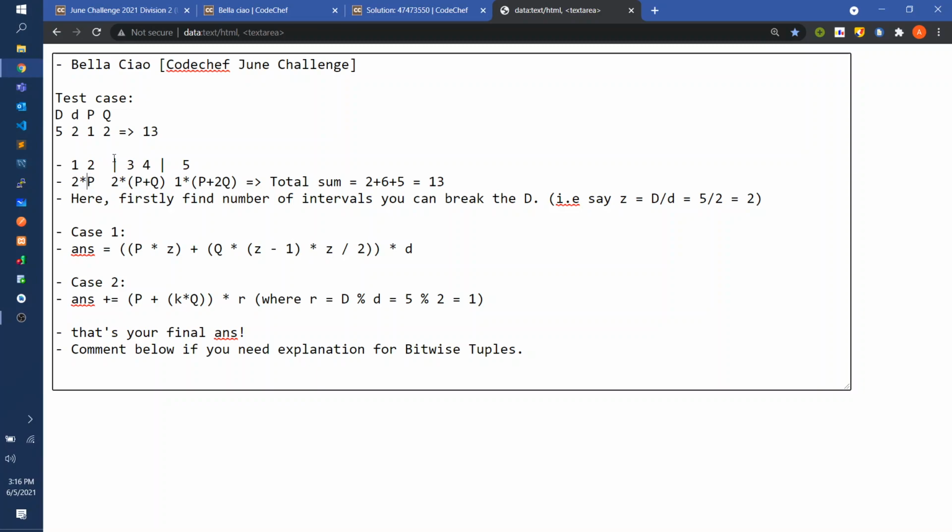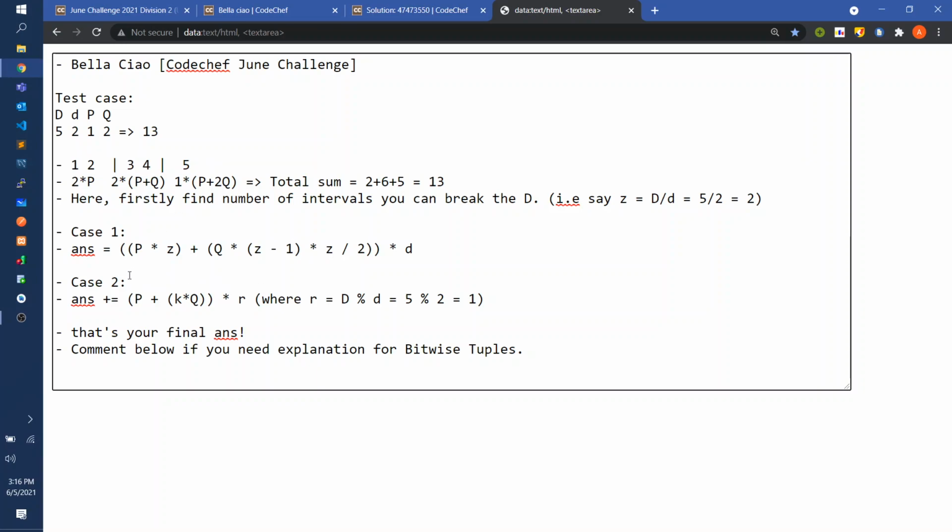Then after the d interval, like after two days, the production becomes P plus Q, which we multiply again by 2. This 2 is the d interval, the number of days in that interval. This case one refers to only these, and the remaining is case two.